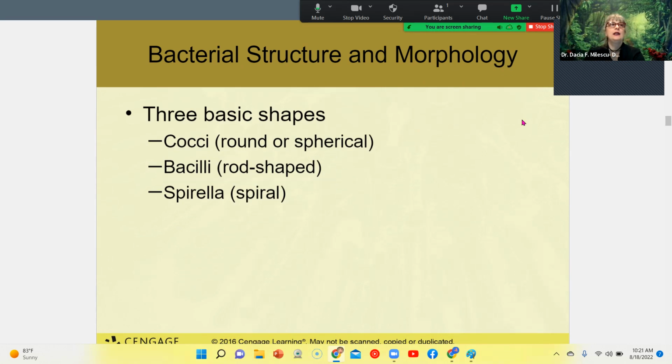They can be together in clusters, or they could be in chains. We also have rod-shaped bacteria that we call bacilli, and we have spiral bacteria that kind of look like the pasta that we buy that are spiral shaped. Those are called spirilla. Okay, so these are the 3 main basic shapes.